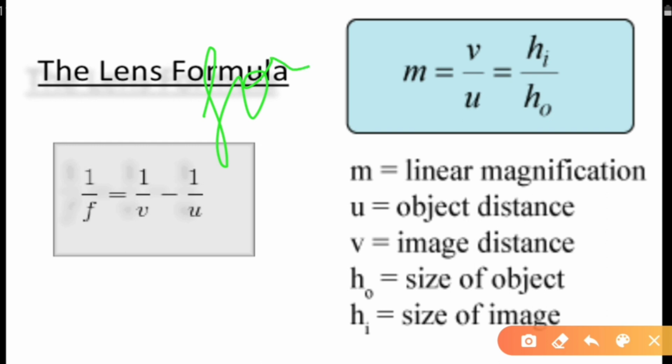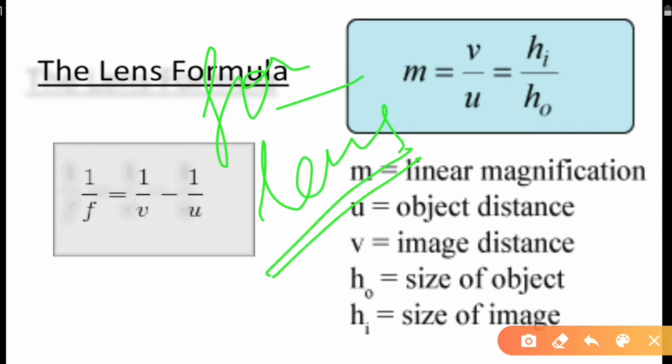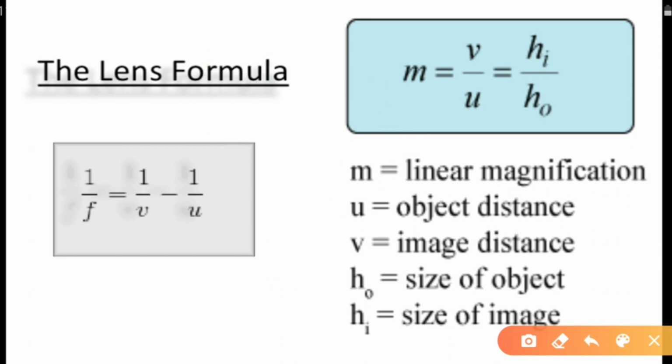That is why we can say it is the ratio of the image distance to the object distance. Now you have to keep this formula in your mind because the numericals can be solved only by applying these formulas.